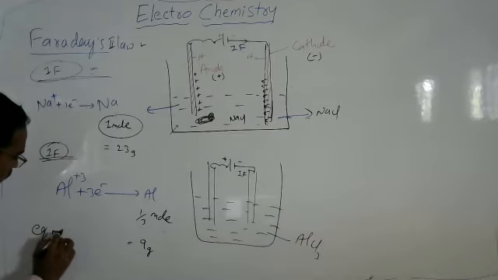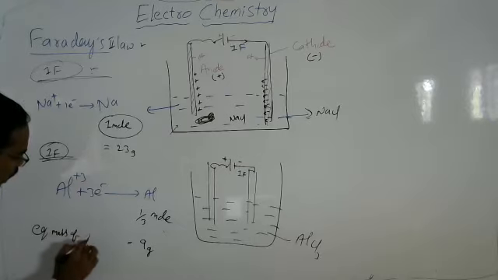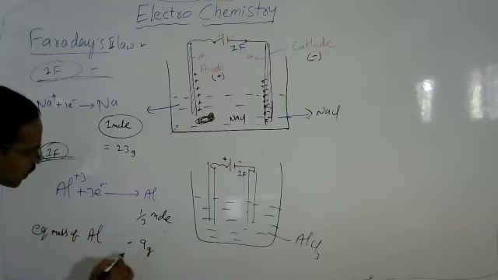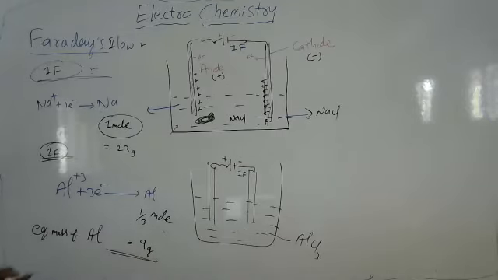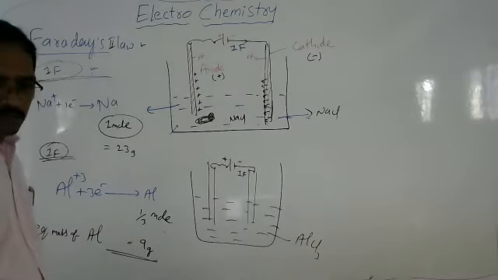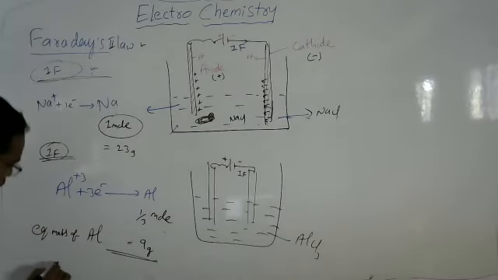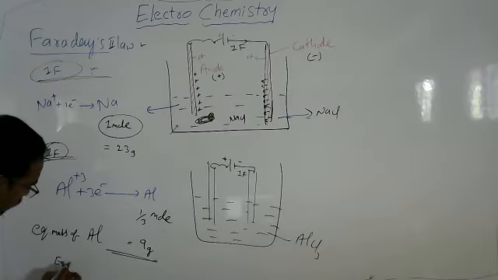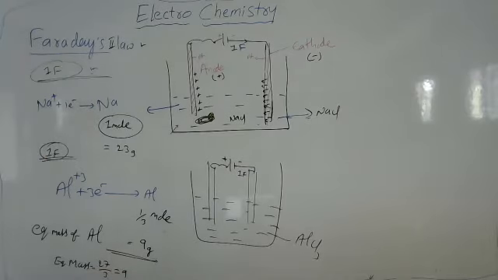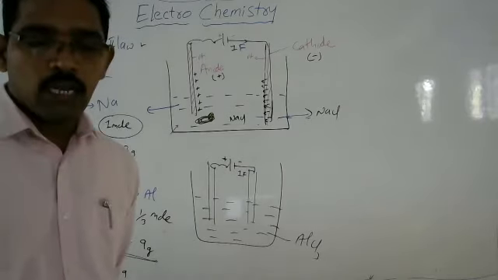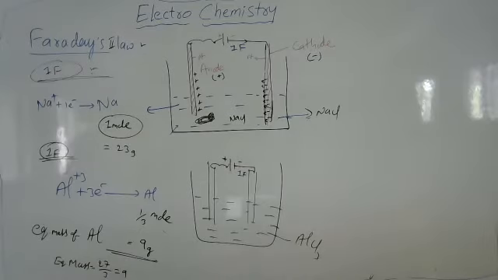Equivalent mass, how to calculate? In normality you learned. Equivalent mass equals 27 by 3, that equals 9. Why 3? Because aluminum's valence is 3.